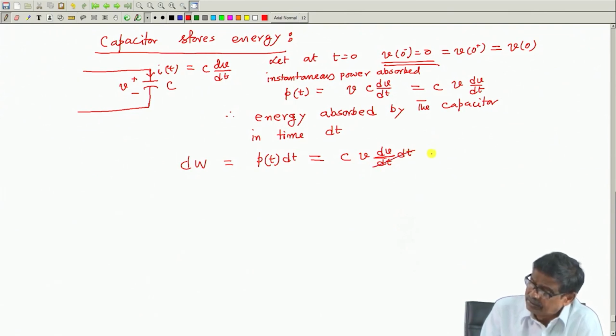So, dt goes, so this is equal to C V dV.